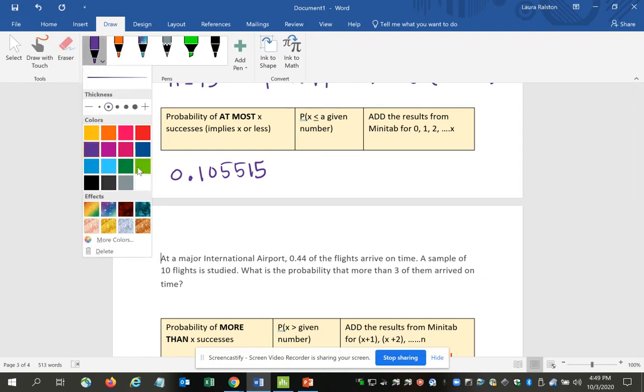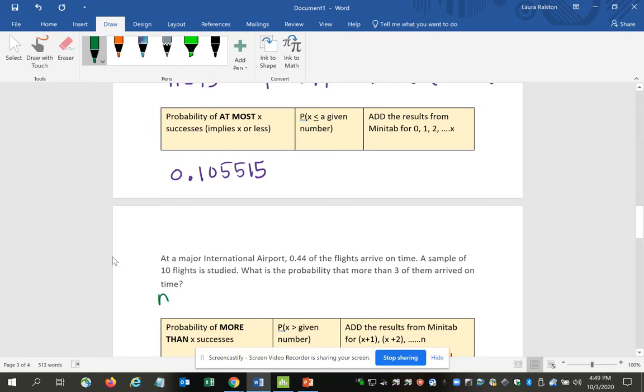So here again, we've read through the question. We need to first identify how many times we're doing the experiment. It says we studied 10 flights. My probability of success that the plane arrived on time is 0.44. And then my X value is 3, and my keywords are more than.